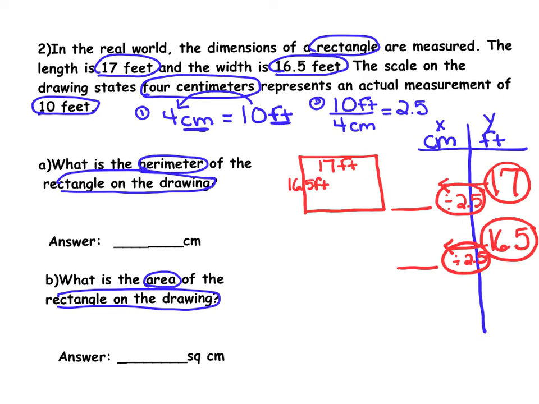Once you get those measurements of the drawing, you can calculate the perimeter and the area using our new dimensions. So, your final steps will be create a T-chart.